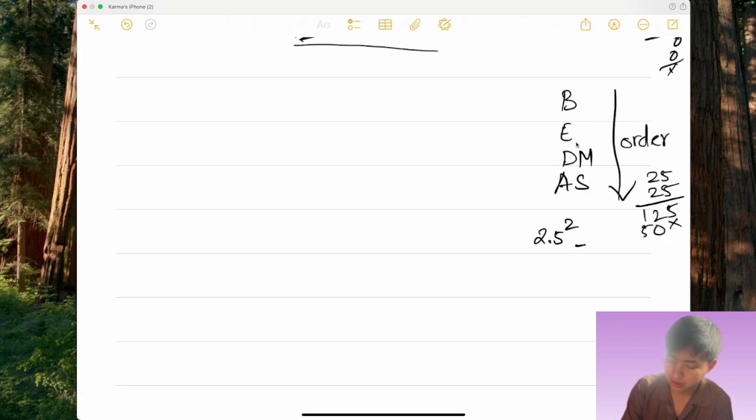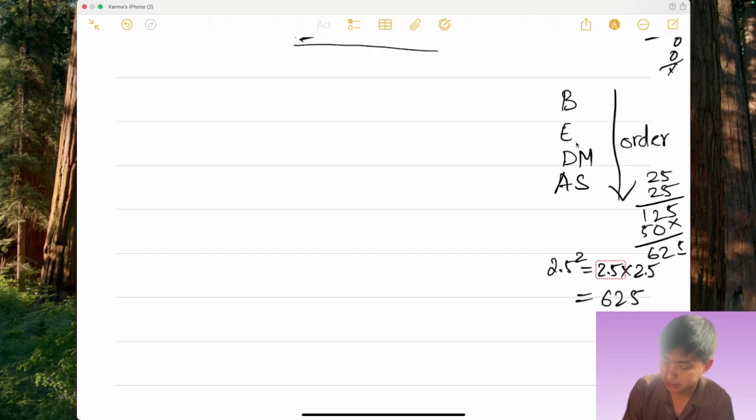So 25 times 25 is 625, but since we are only multiplying 2.5 times 2.5 and they have two decimals, we come back twice. So place the decimal point here and it becomes 6.25.